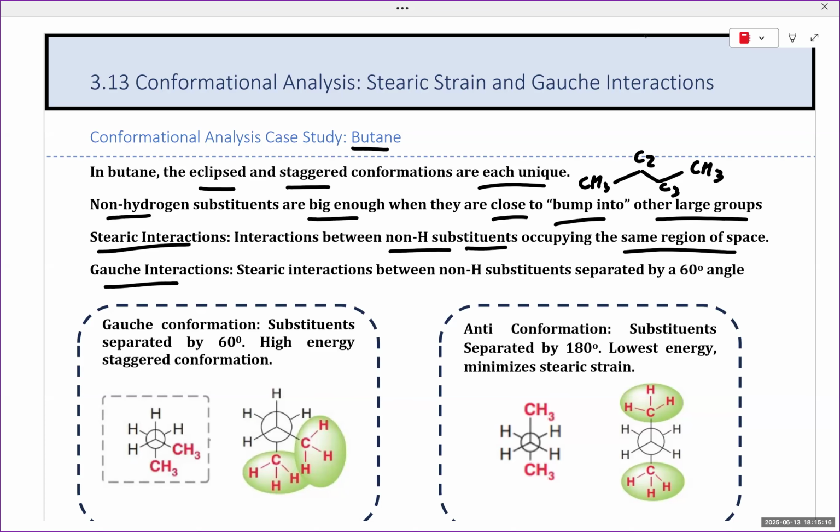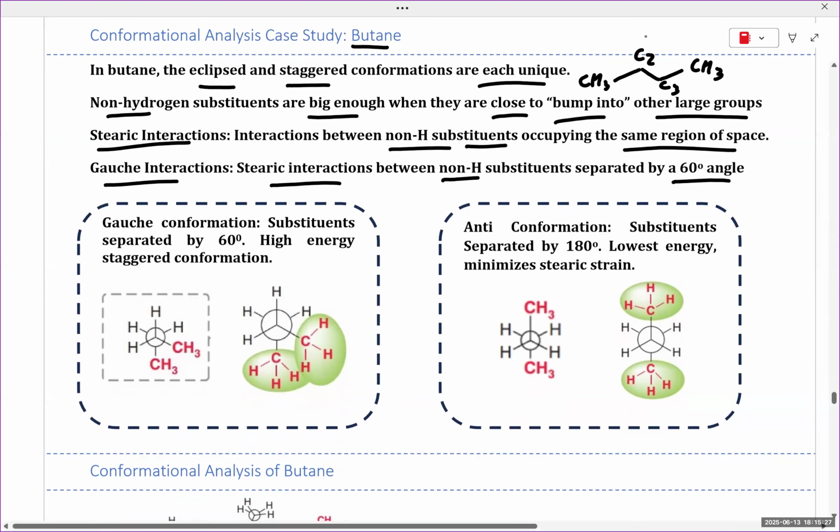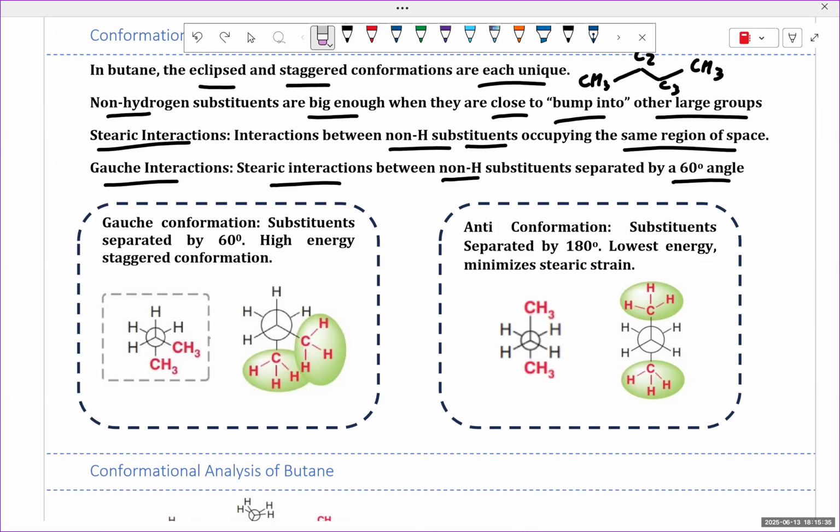A gauche interaction is a specific steric interaction that occurs between non-hydrogen substituents separated by a 60-degree angle. This is frequently seen in the gauche conformation, in which the substituents are separated by a 60-degree dihedral angle, and the gauche conformation is generally a high-energy staggered conformation.